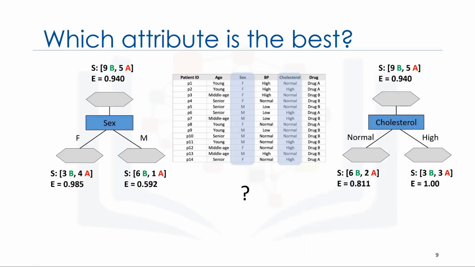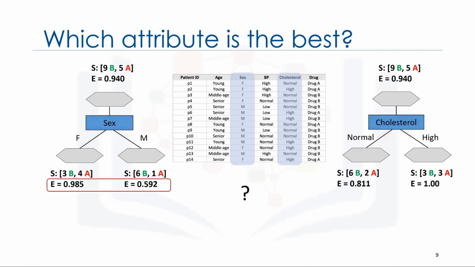Now, the question is, between the cholesterol and sex attributes, which one is a better choice? Which one is better at the first attribute to divide the dataset into 2 branches? Or, in other words, which attribute results in more pure nodes for our drugs? Or in which tree do we have less entropy after splitting rather than before splitting?